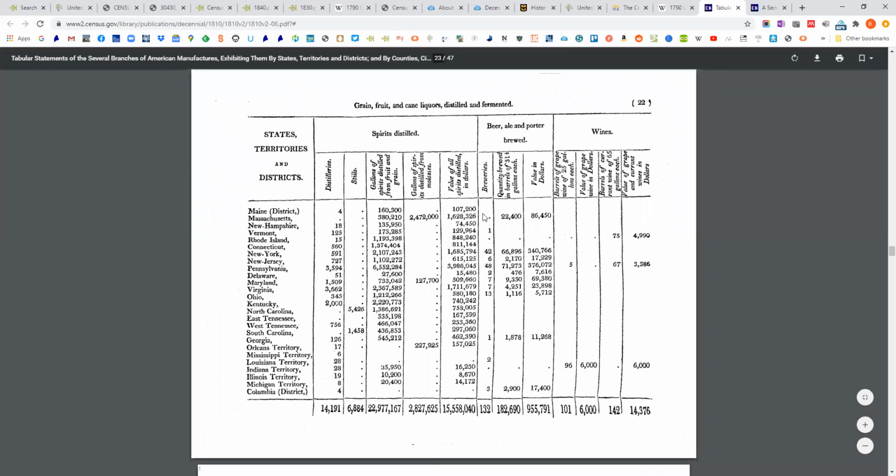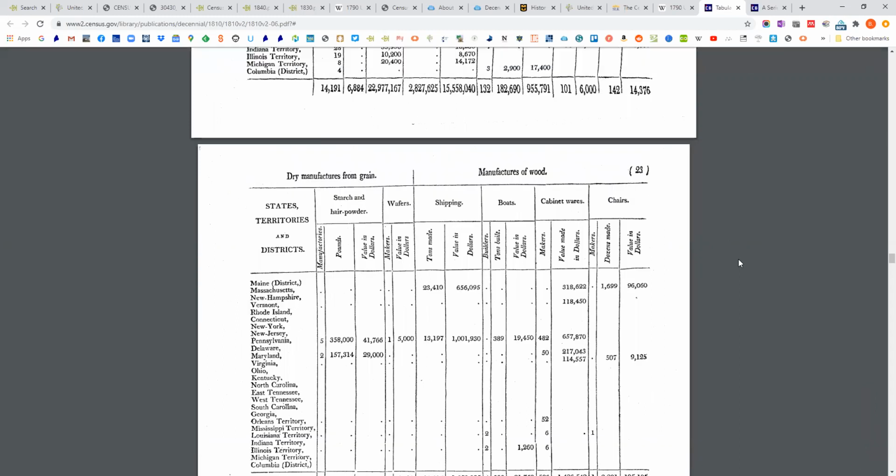And again, there's nothing listed in Maine for beer, ale, and porter being brewed. And I'm a little skeptical on that one. I get that there's no wine at that point being made in Maine, but I would have thought there'd be at least a little brewing going on, but evidently it wasn't captured.